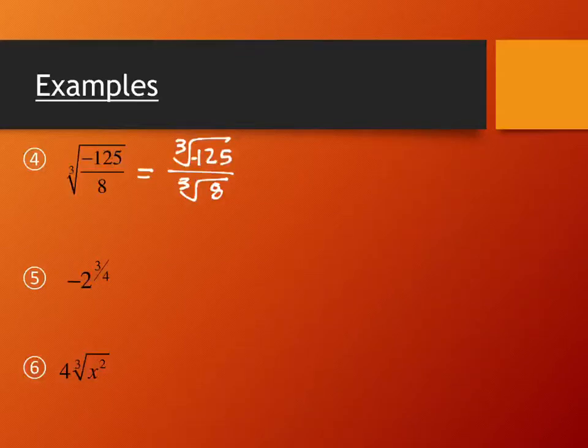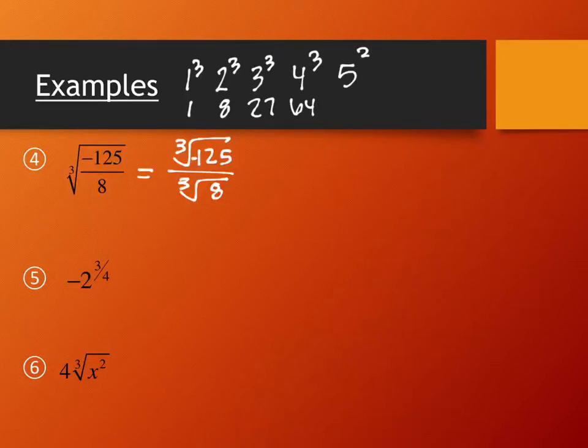Cube roots aren't quite as familiar as square roots, but these numbers aren't terrible. You can find a lot of your perfect cubes pretty quickly. What is 1 cubed? It's 1. What is 2 cubed? It's 8. What is 3 cubed? It's 27. 4 cubed is 64. And 5 cubed is 125.